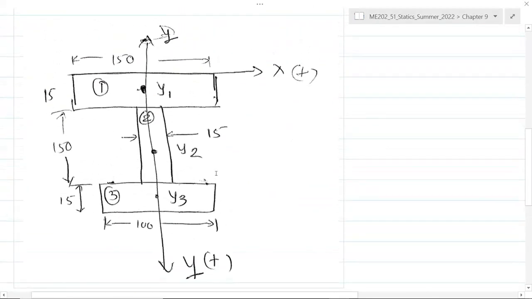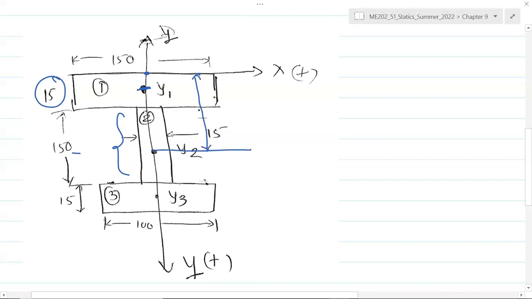Now here is the same simplified diagram. For the first shape, the centroid is at the middle of that rectangle, which is half of 15, so it's 7.5 from the origin. So that is y1. For the second shape, it's the middle of that particular shape, which is 150 divided by 2, plus we also need to add 15 because it's measured from here. So y2, the vertical centroid for shape 2, is measured all the way from the top, because remember that this is our origin, 0, 0 point.